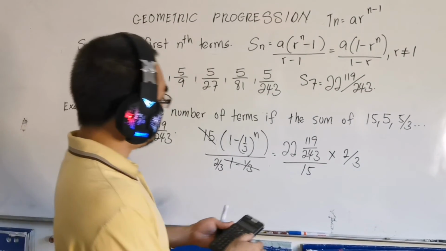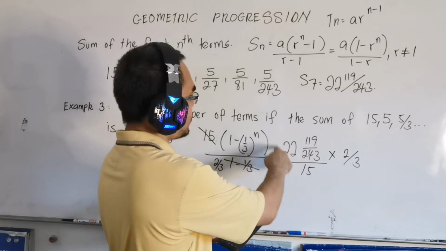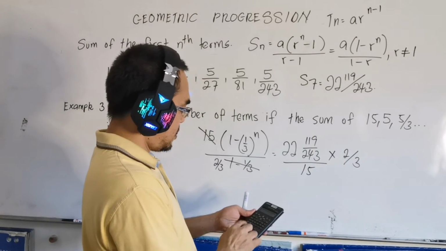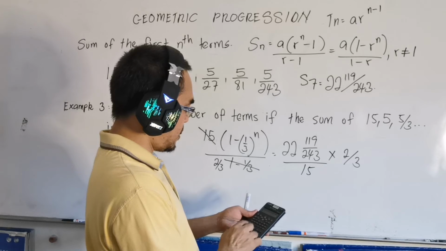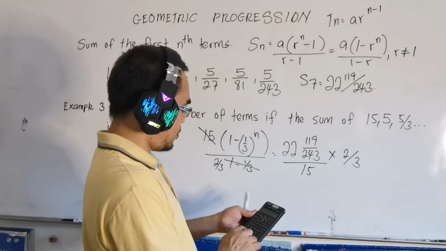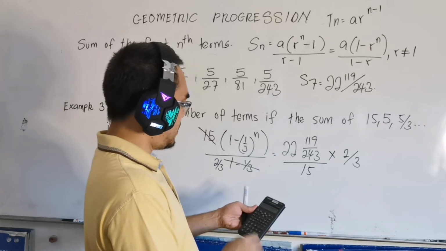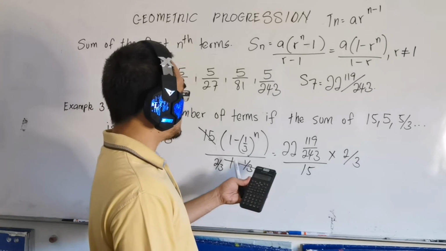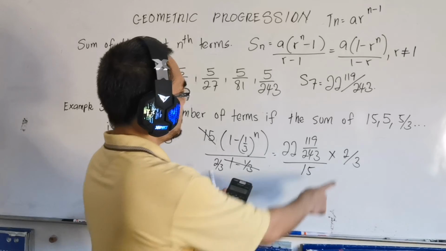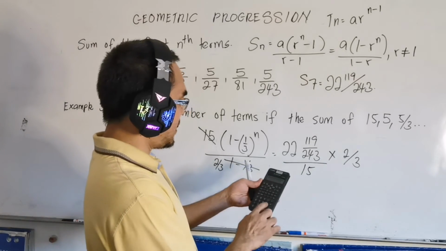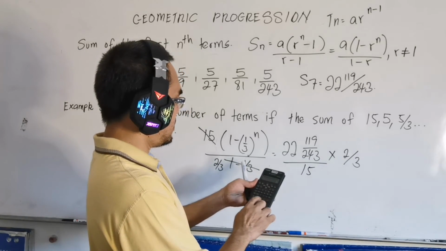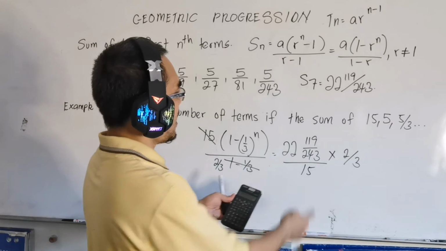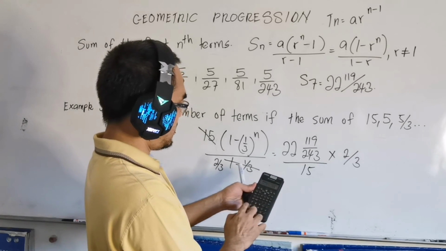We change this to an improper fraction. 2219 over 243 will be 5,465 over 243 multiplied by 2 over 3, and divide by 15.